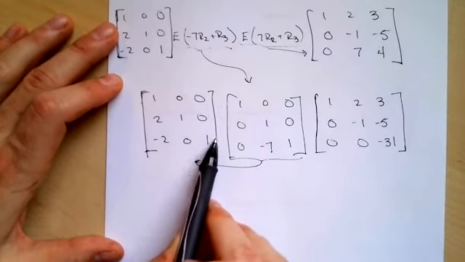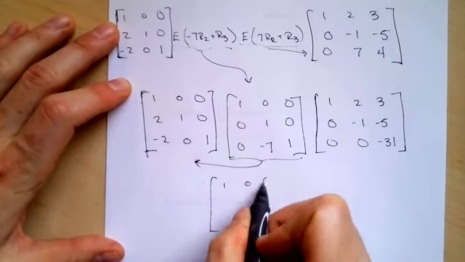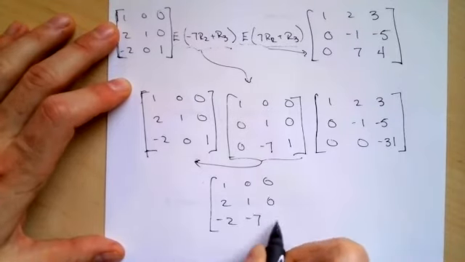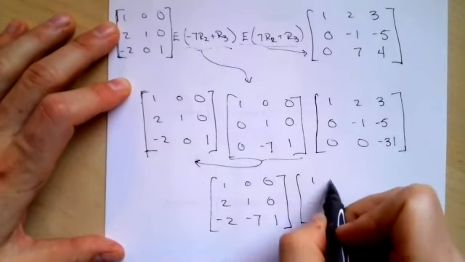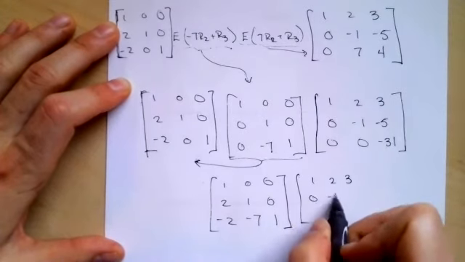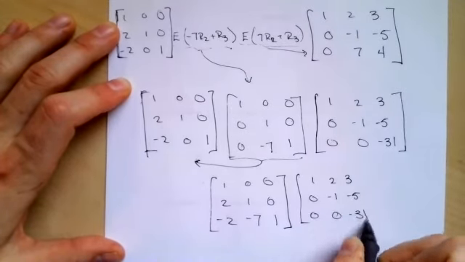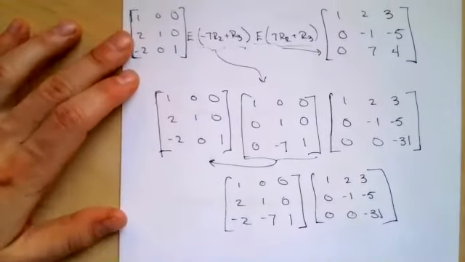So if I take minus 7 times row 3 and add it to row 2 on that matrix, we obtain our factorization. Everyone follow that?